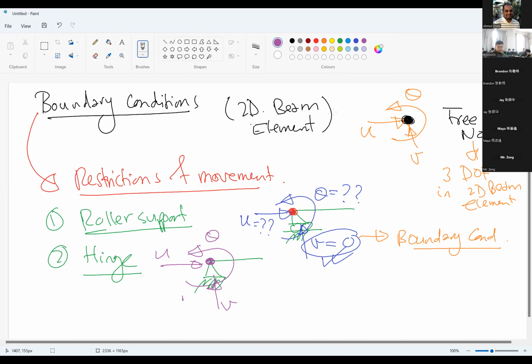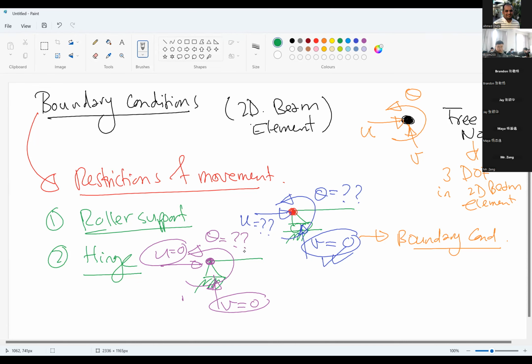What are zeros here? The boundary condition here is a hinge. The hinge prevents the vertical movement, so v will be 0. It also prevents the horizontal movement, so u will be 0. So how many unknowns do we have here? Only one, which is theta.